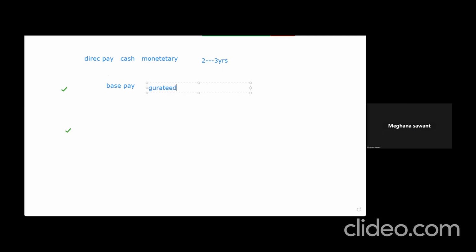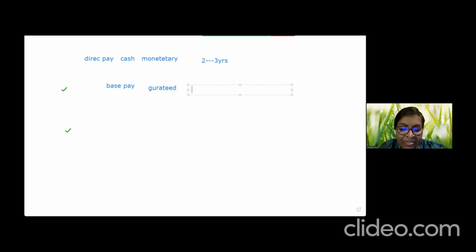The fixed salary. It's also called your fixed salary, which has no contingency, in the sense that you get that salary whether you perform or you don't perform, till the time you are in the organization or you exit the organization. It is assured. Okay.